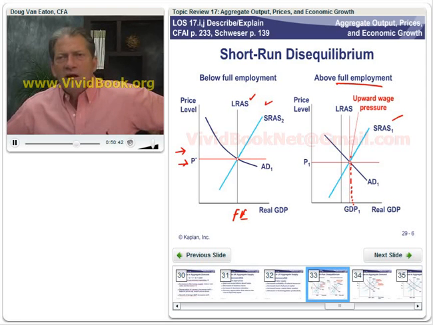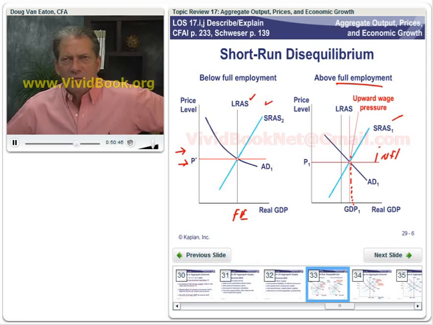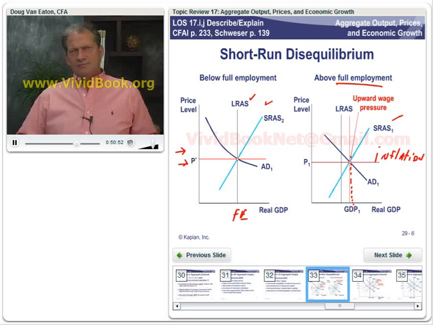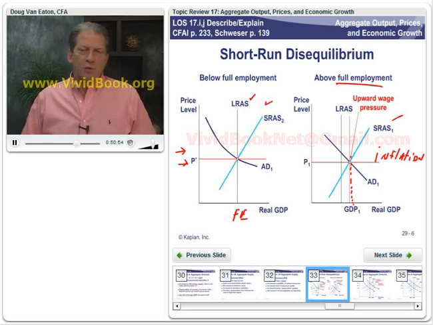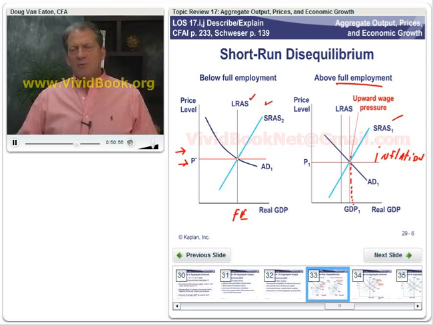Now we're looking at an expansionary economy. And as we get to over full employment, we're going to have upward pressure on wages and other inputs as companies compete for them. When economic activity is growing rapidly, there's more demand for oil, electricity, and labor.